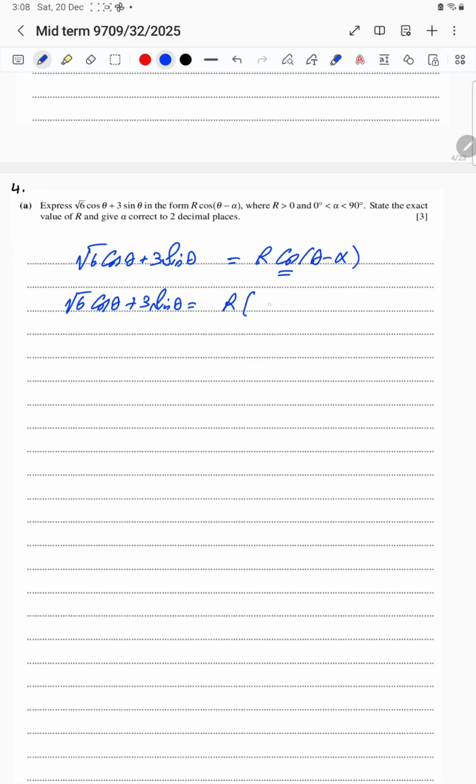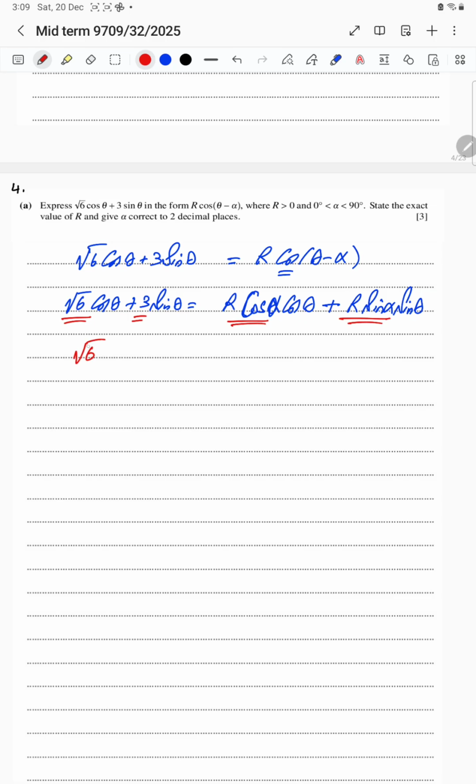I apply the formula of cos of theta minus alpha: I can write it directly, cos alpha cos theta plus sin alpha sin theta. Now we can compare both sides to equate the terms, like this will be equal to this whole, and 3 will be equal to this one.